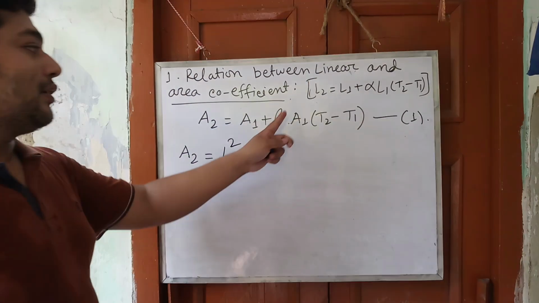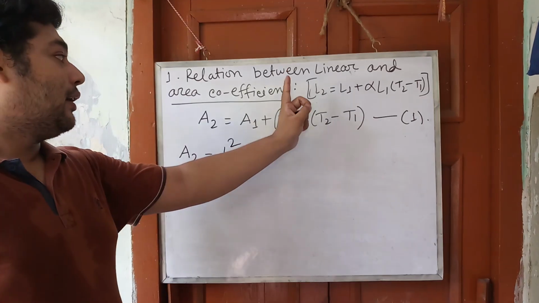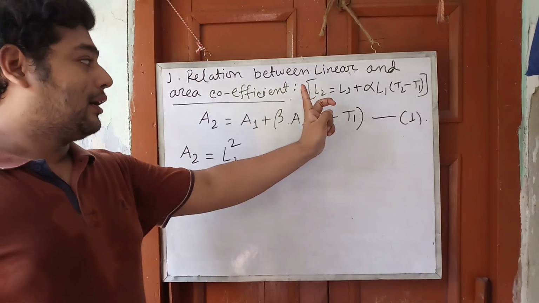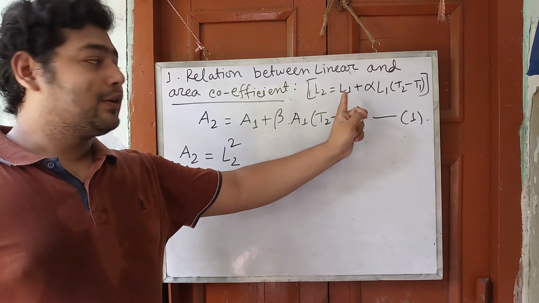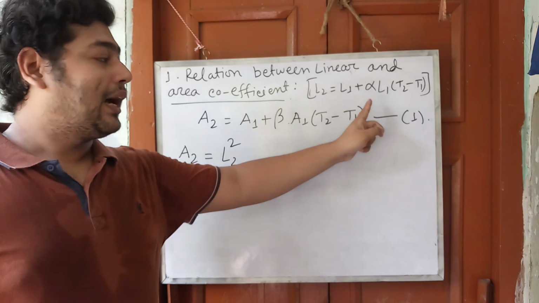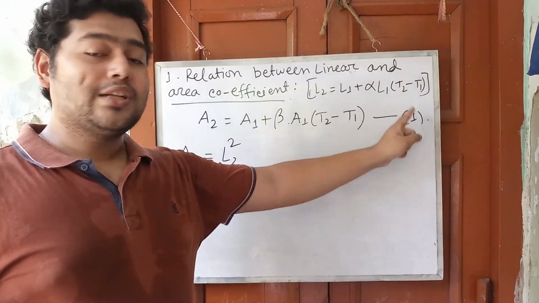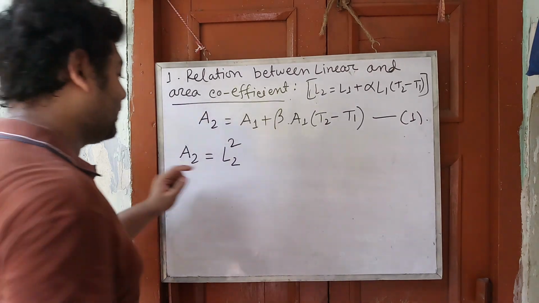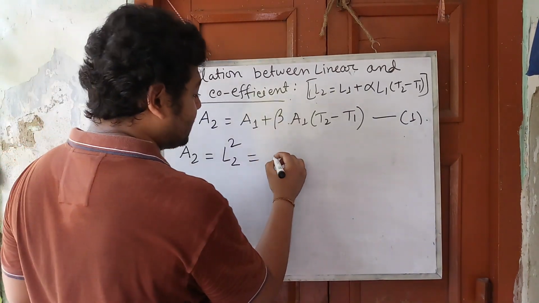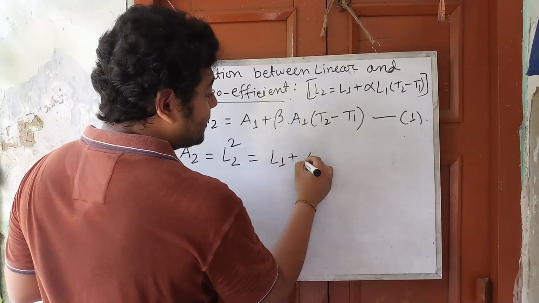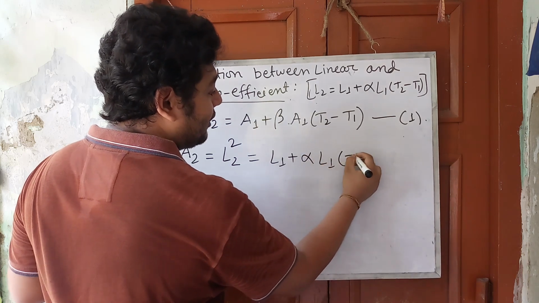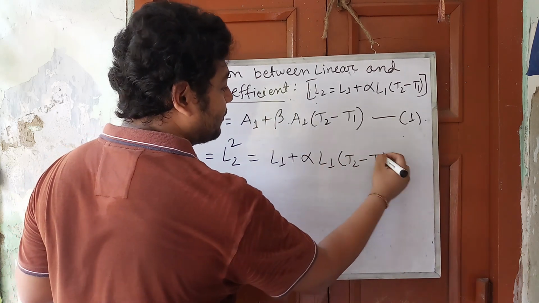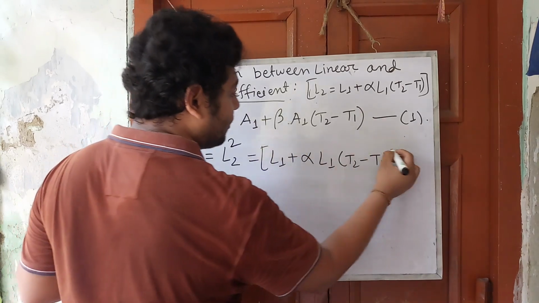We know that for linear expansion we get L2 equal to L1 plus alpha L1 into T2 minus T1. By putting this we can write it as L1 plus alpha L1 T2 minus T1, whole square.